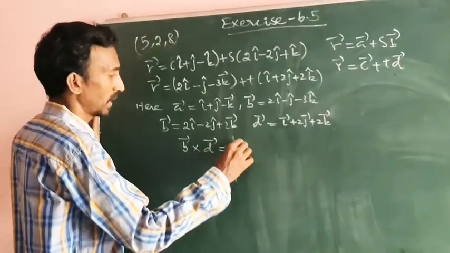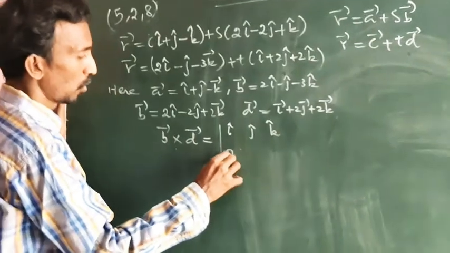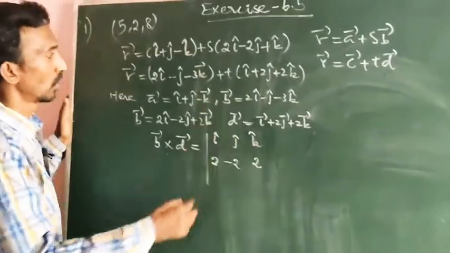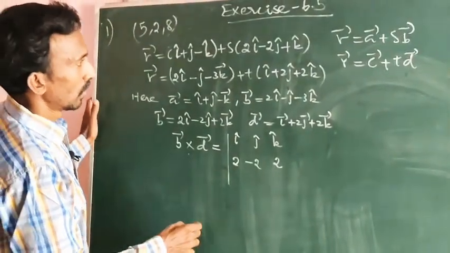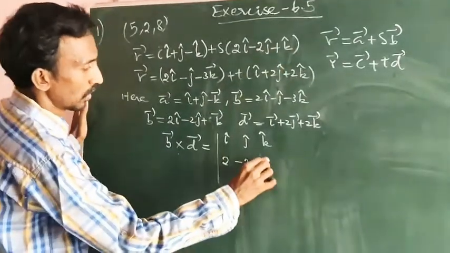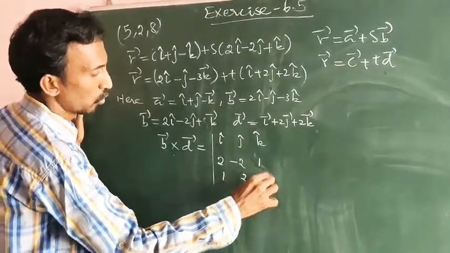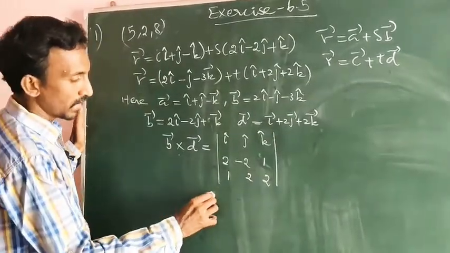So use the determinant method: i, j, k, then b is 2, minus 2, 1, and d is 1, 2, 2. Expand this determinant.